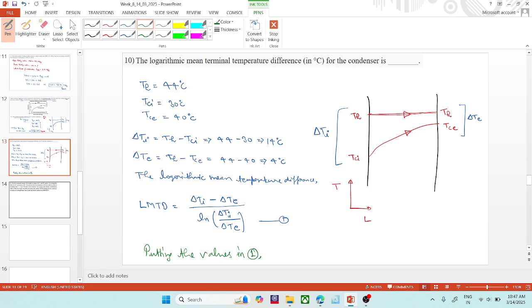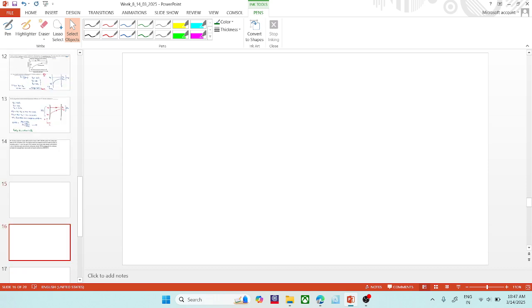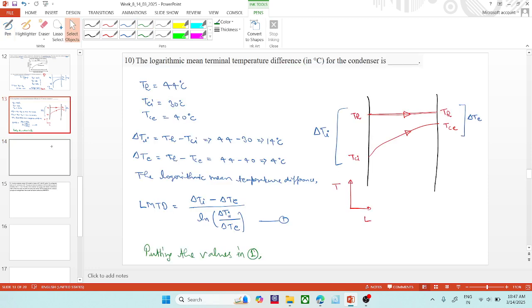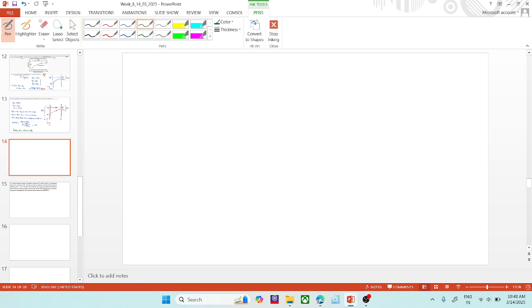Okay. So when we put the values here in equation number one, LMTD would be the delta Ti value 14 minus delta Te value 4, divided by ln of delta Ti, which is 14, by delta Te, which is 4.